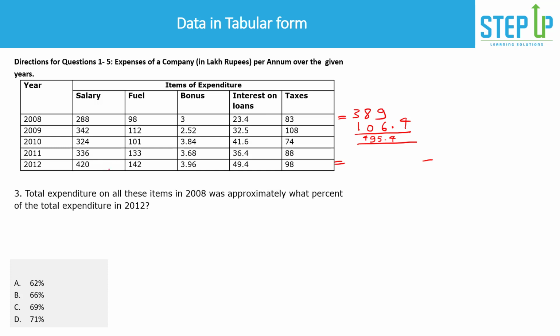Now again, this one, how will we do? 420, I would add this and this and this. That means 420 plus 100 is how much? 520. 520 plus 140, 50. So this is 660. 660 plus these two numbers, 49.4 and 3.96, right?